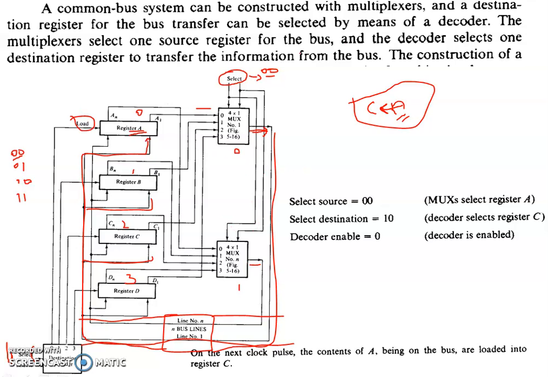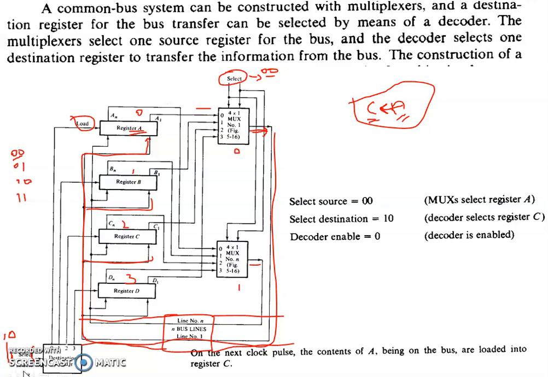And next, the destination register is C. In order to identify the destination register, the select signal gives 1 0. So the 1 0 signal will be given as input to the destination decoder.